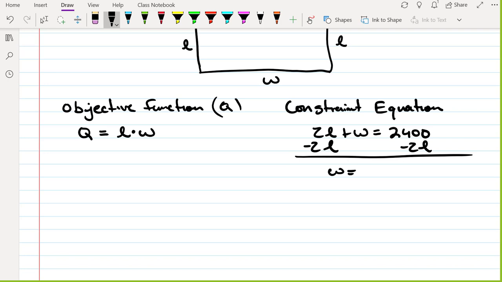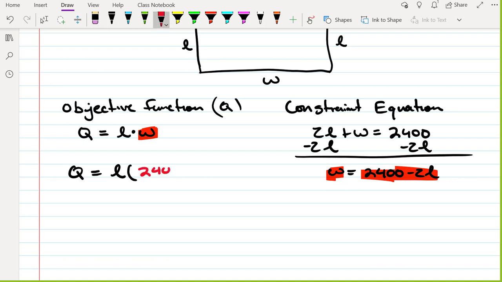So 2400 minus 2L is what W is. And then we are going to substitute this into our objective function. That gives us Q is equal to L times 2400 minus 2L.